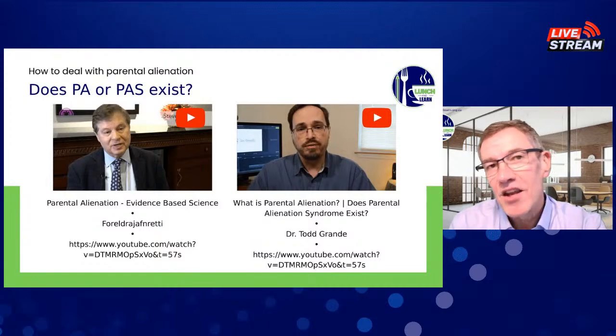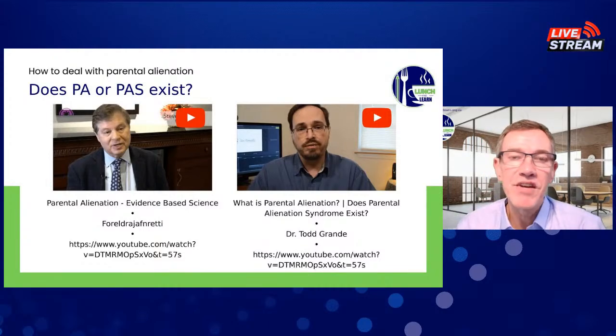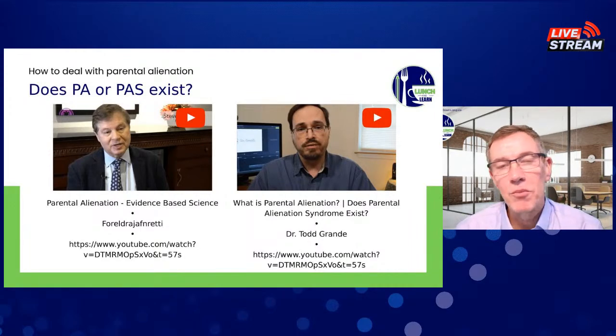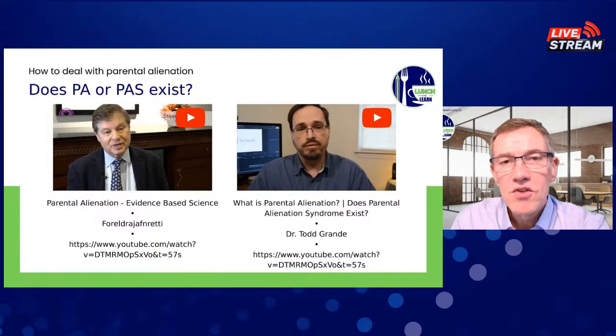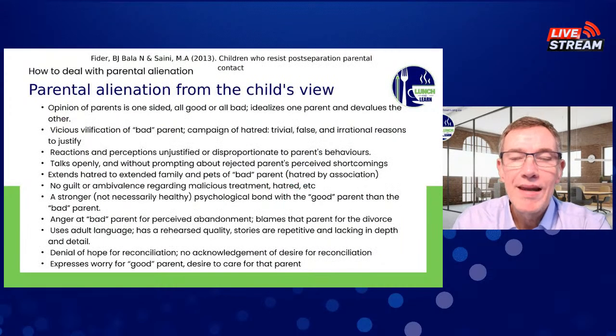So that is in context. And for us as legal professionals, as mediators, as social workers, and even just the general public wanting to know more about that, it is important to recognize some forms of behaviors. What are the behaviors that one needs to look out for when it comes to parental alienation?